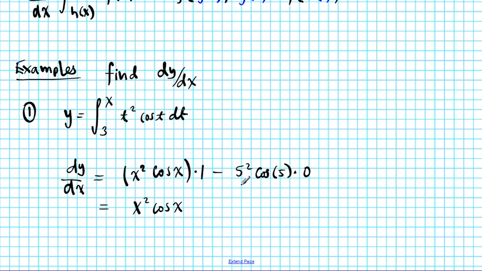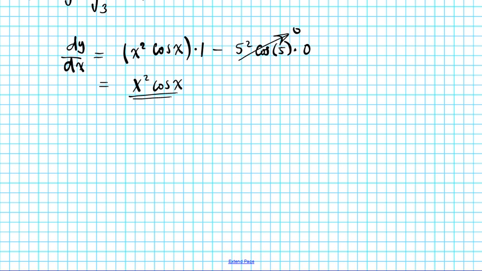So remember, anytime one of the limits is a constant, you can just ignore it, because after you multiply it by its derivative, using the chain rule, you end up with a 0, and that whole part goes to 0. Okay, so this is your final answer right here.